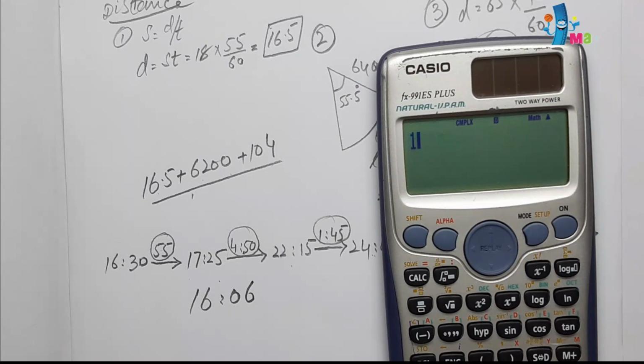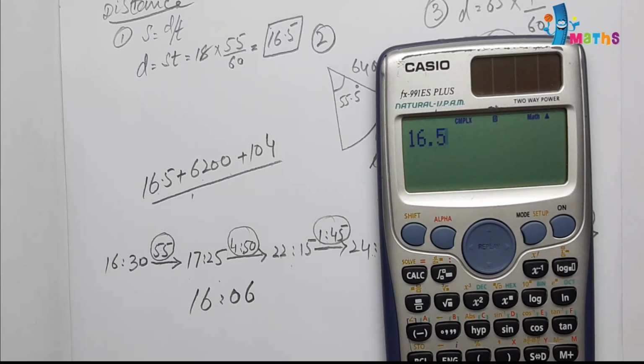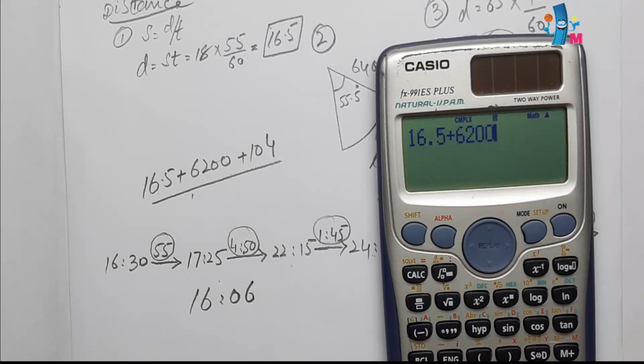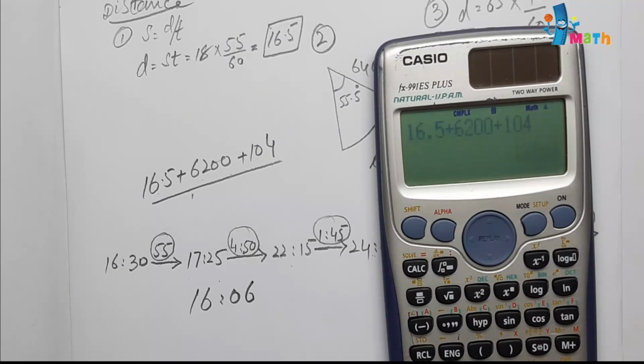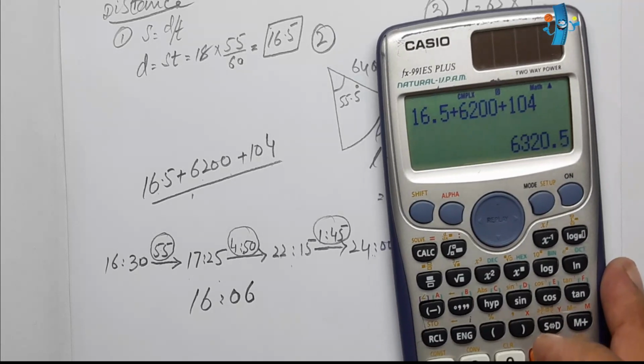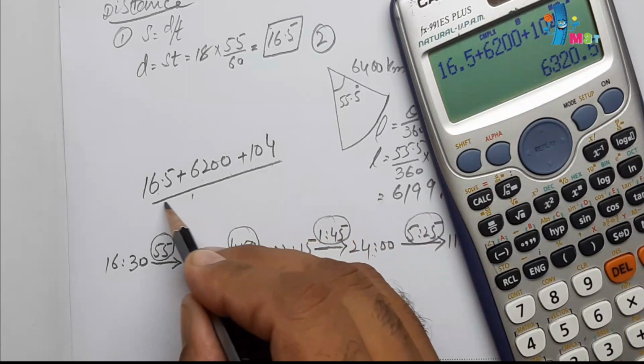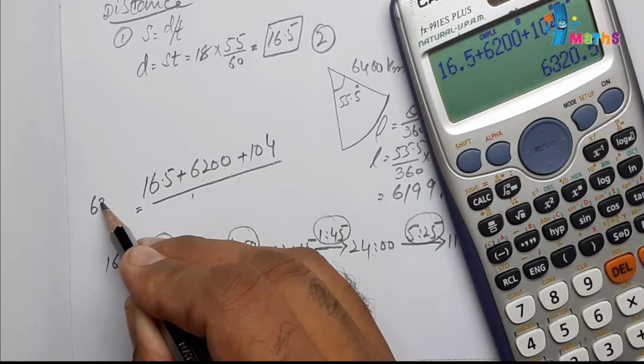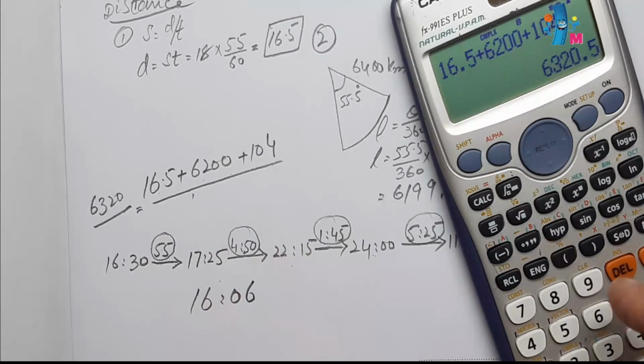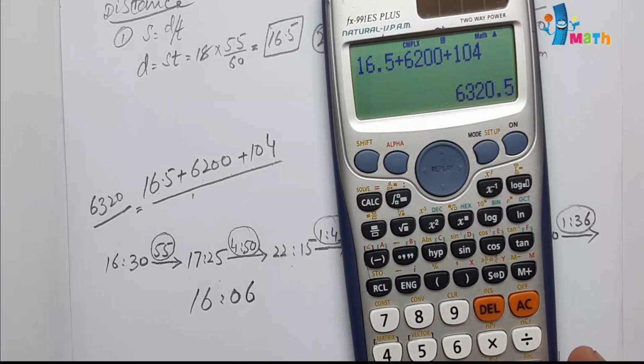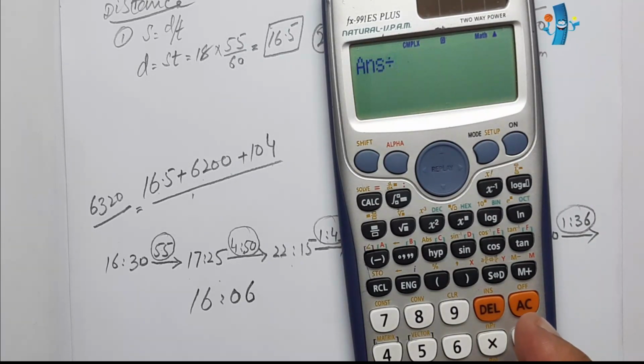First, 16.5 plus 6200 plus 104 is equal to 6320, divided by 16 hours 6 minutes.